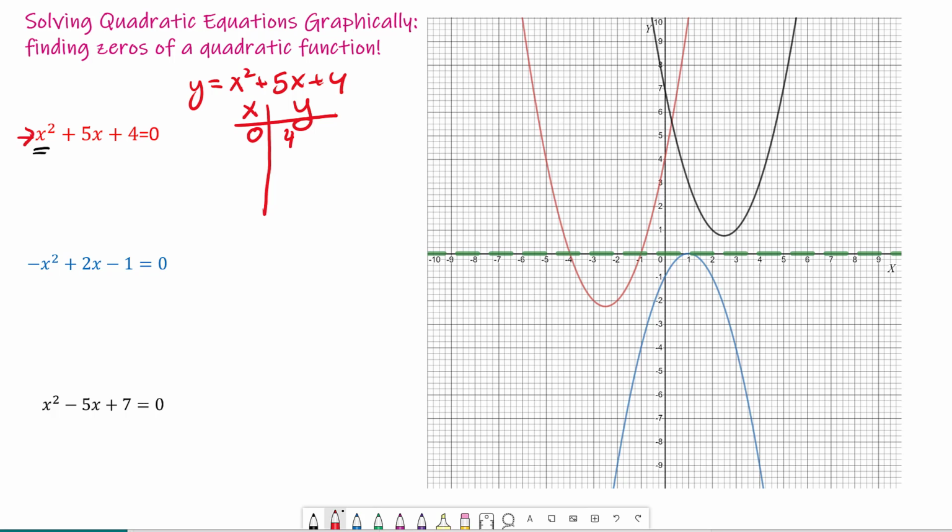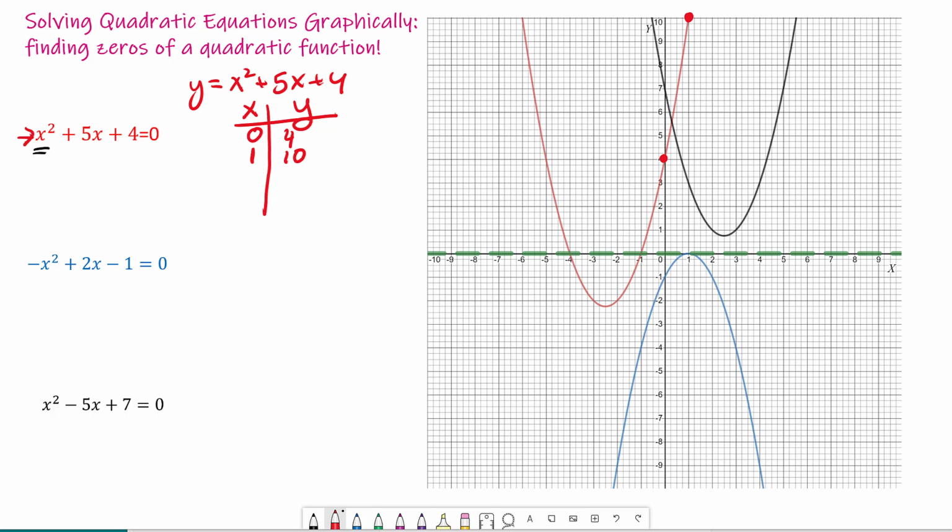So 0 and 4 is this point right here, right? X equals 0 and y equals 4. Let's look at x equals 1. We have 1 squared plus 5, so that's 6, plus 4. That's already 10. Okay, so for x equals 1, we go straight up here to y equals 10.